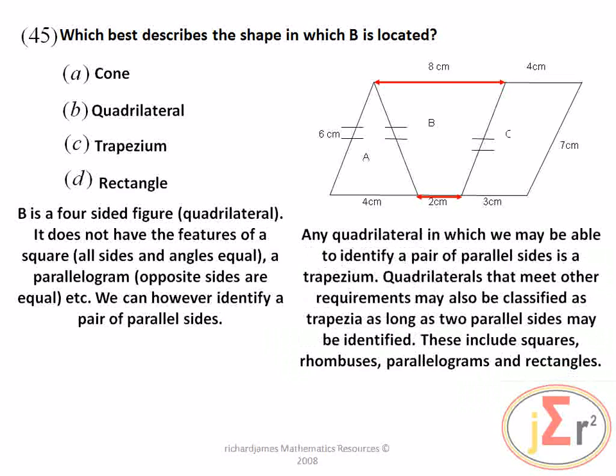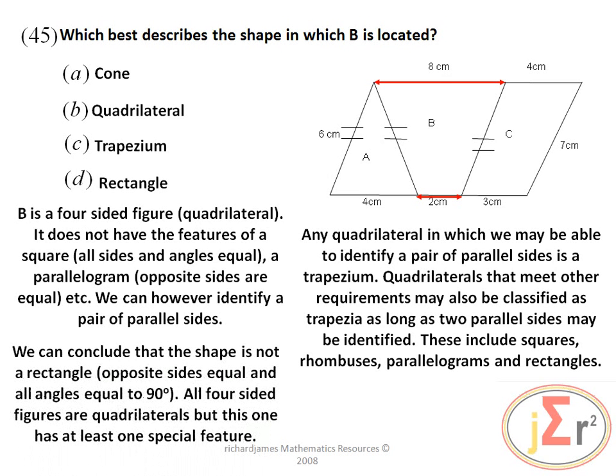Any quadrilateral in which we may be able to identify a pair of parallel sides is a trapezium. Quadrilaterals that meet other requirements may also be classified as trapezia, as long as 2 parallel sides may be identified. These include squares, rhombuses, parallelograms, and rectangles. We can conclude that the shape is not a rectangle, in which opposite sides are equal and all angles are equal to 90 degrees.